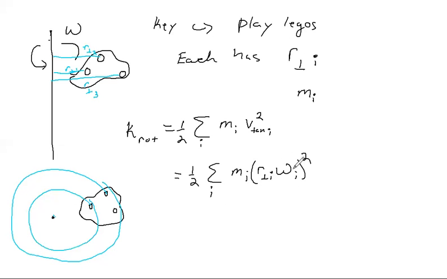But if it's a rigid shape, then omega_i is the same for all of them. So omega is actually, I labeled it with an i, but it would be the same number for every chunk. So it's a constant, and you could pull it out of the summation symbol.